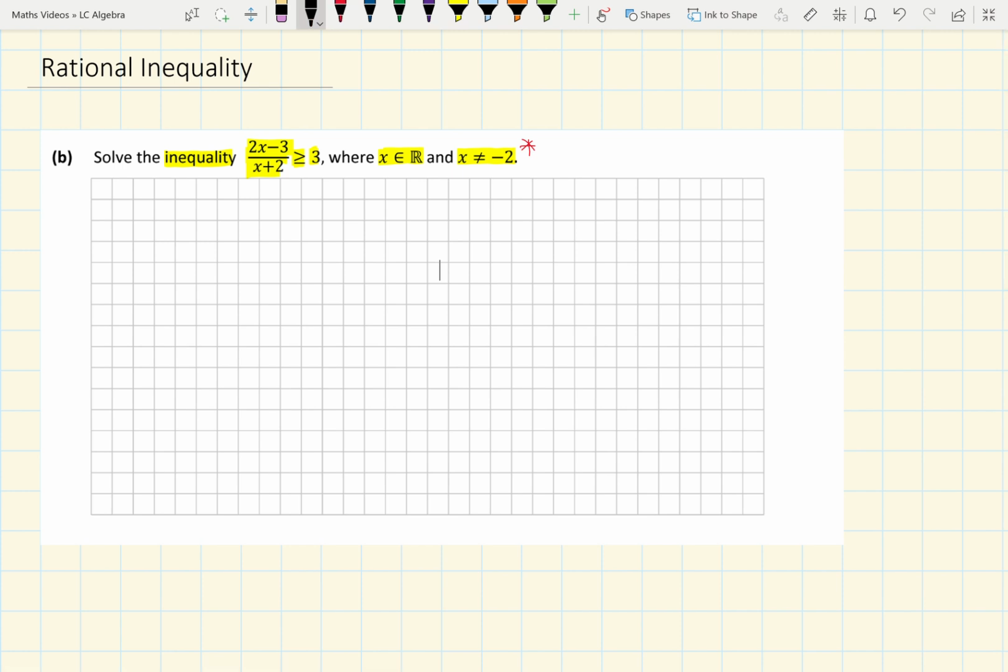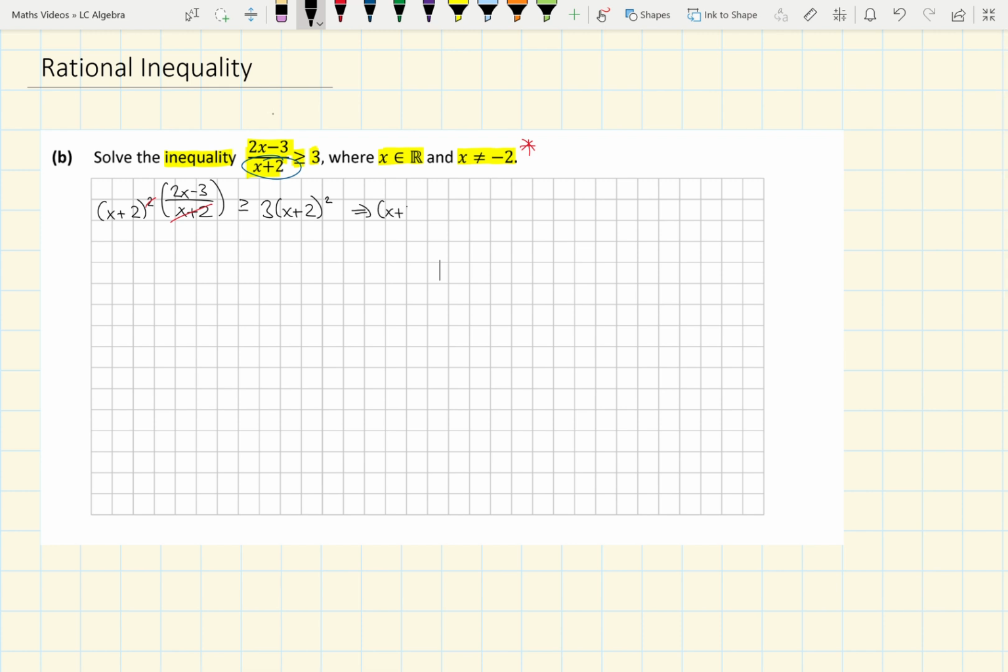So first step for any rational inequality, we're going to multiply by the denominator squared. We have to multiply both sides. So our denominator here cancels the square.